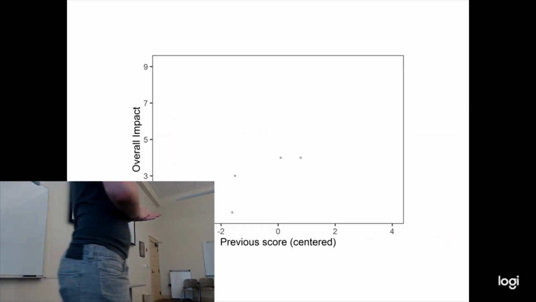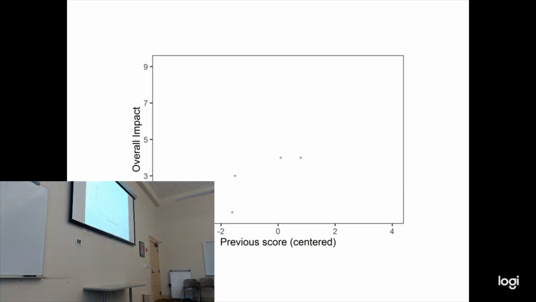So let's consider one reviewer. I'm going to focus in on just one of these 50 subsets of data. This is one of the sets of scores that one of our reviewers gave us. Notice we've got 4 points on the scatter plot.